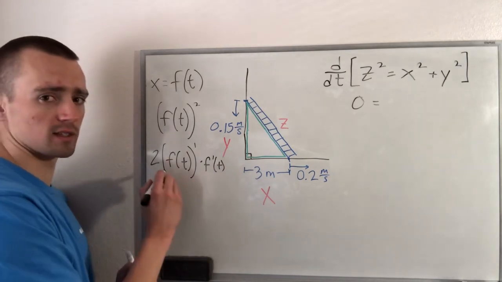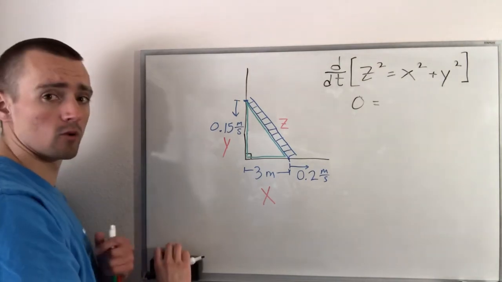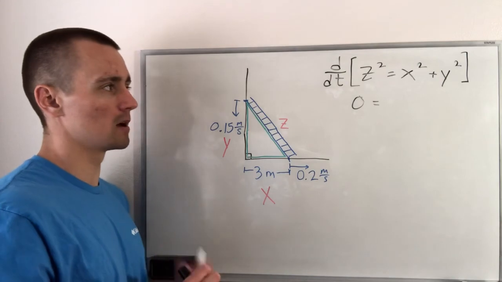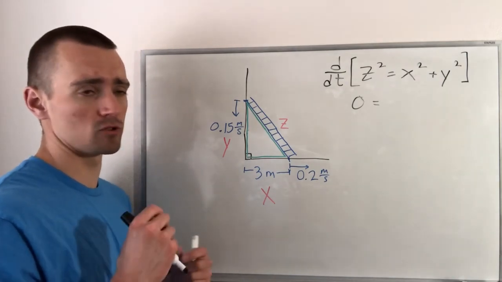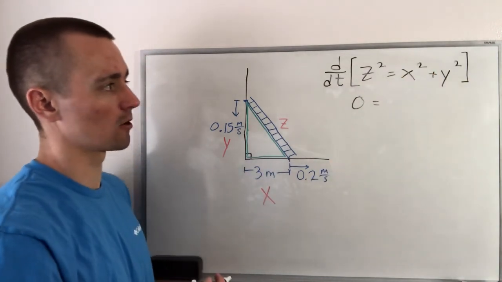So we have to apply this same idea to x squared over here. We don't know the function for x because it's some unknown function of time, but we know it's a function, and therefore we have to treat it as a function all being raised up to the second power.